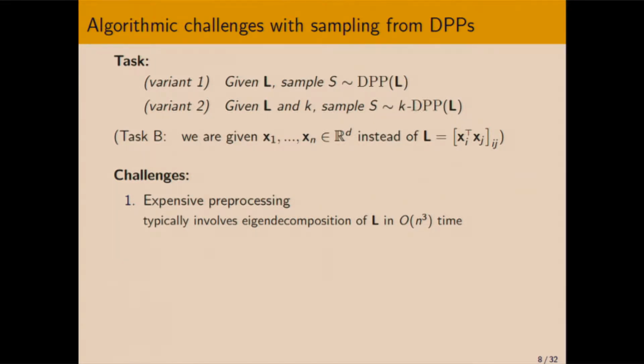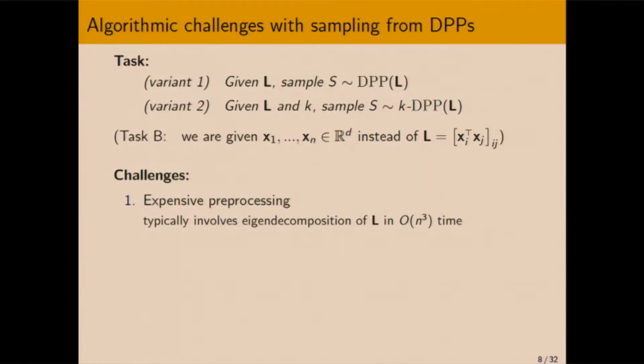So what are the challenges? The basic cost involved in sampling DPPs is that generally there's going to be some preprocessing cost. We're going to have to look at matrix L and get some information out of it. Generally, for most algorithms, this involves some kind of an eigendecomposition step. Why do you need the eigenvalues? I will talk about it in a moment.